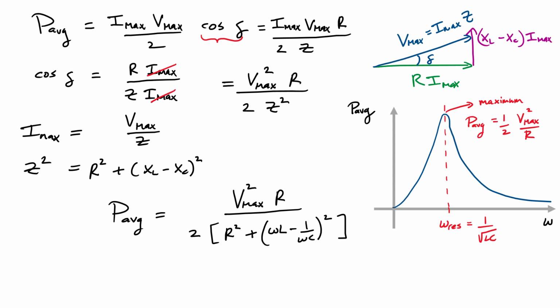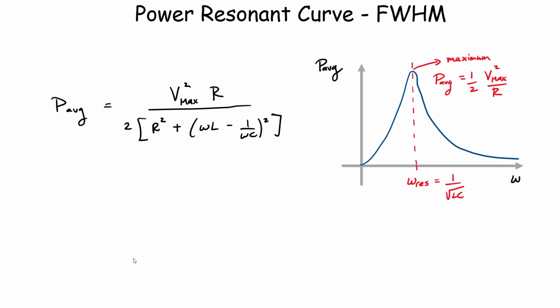All right, the next thing I want to do now is look a little bit more closely at this curve, and I want to look at something called the full width at half maximum of this power resonant curve. So if I define this as half power, if this is the max, the half power would appear somewhere right around here.